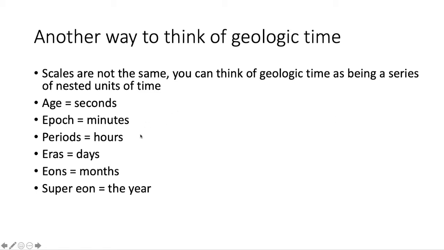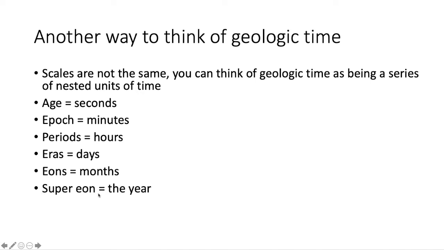So if this is the correct time that I have right now, October 8th, 2020 at 11:45 and 15 seconds, the 15 seconds would refer to the age, the 45 would refer to the epoch, the 11 would refer to the periods, the 8th of October would refer to the era, October would refer to eons, and then 2020 would refer to the super eon.